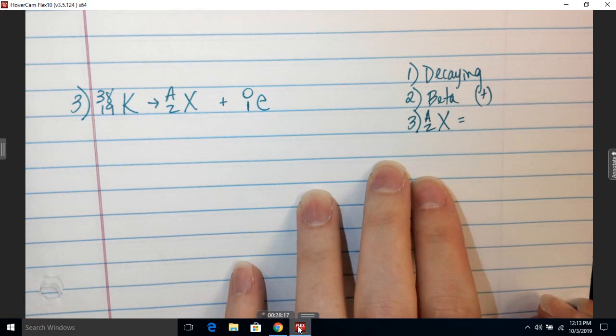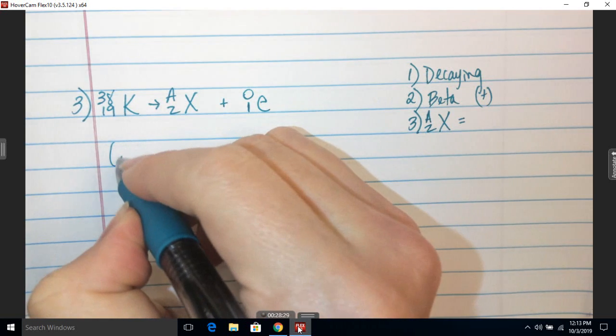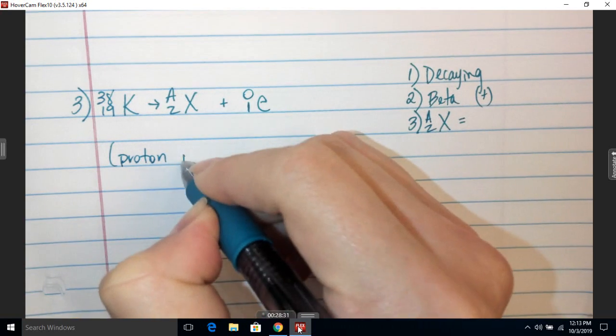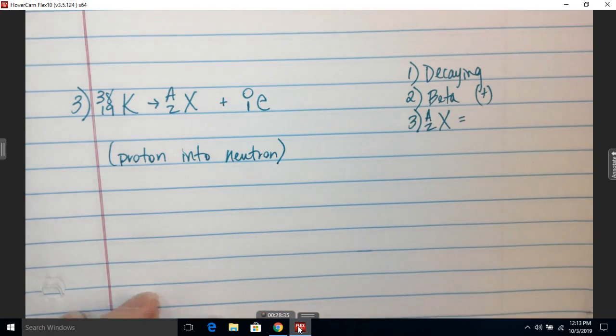Well, what actually happens in beta positive? Now a proton is turning into a neutron. So this is proton into neutron. Where do the protons live? Where do the neutrons live? And one's just turning into the other.